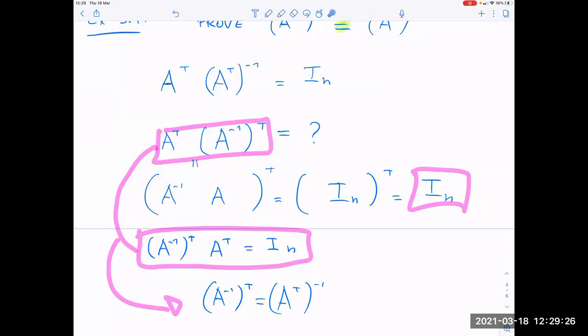Yep. So Samyung Singh was saying that since this is a diagonal matrix, when you take a transpose, nothing is going to change. That's true. And that's how you prove these.